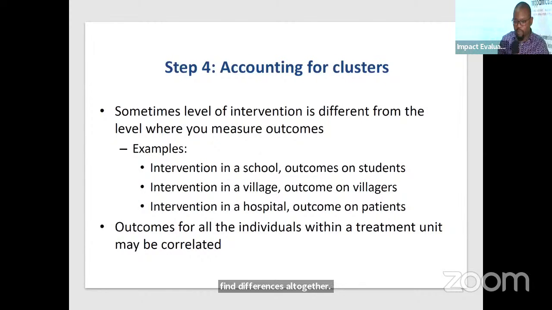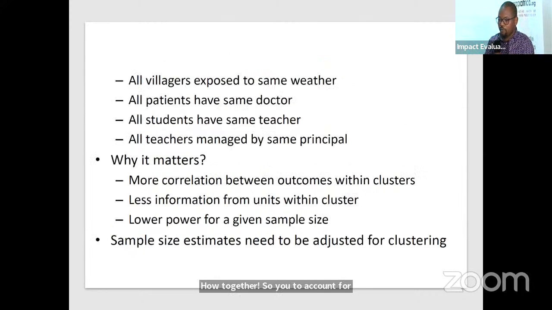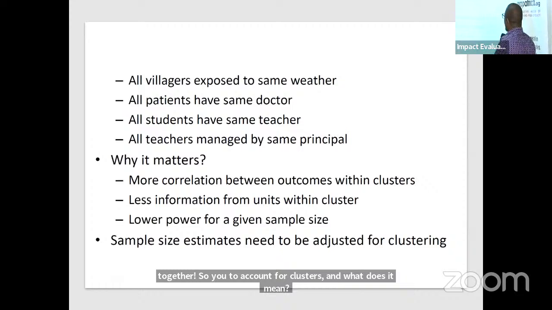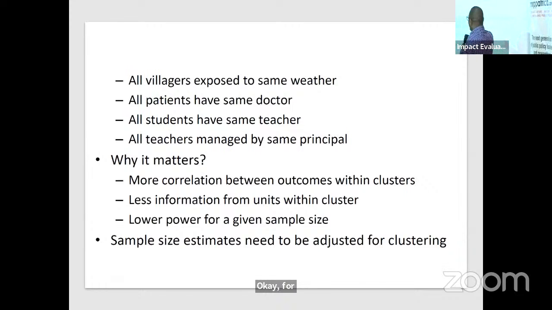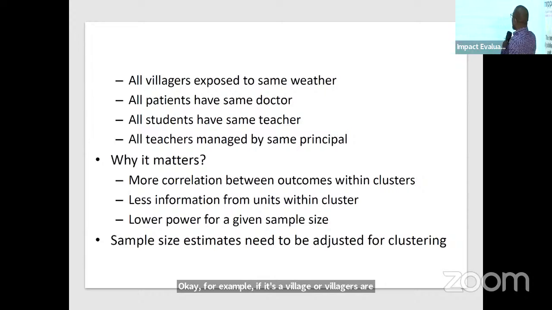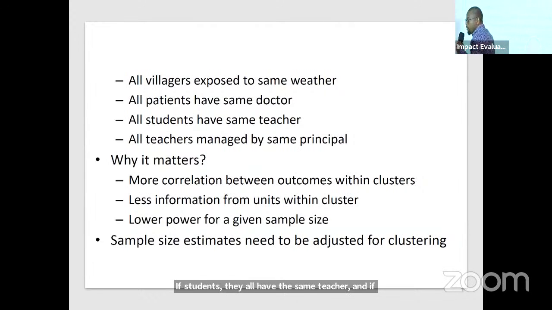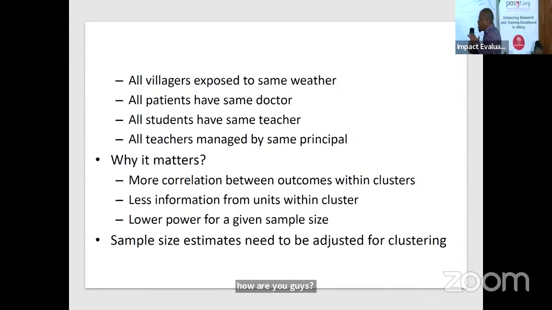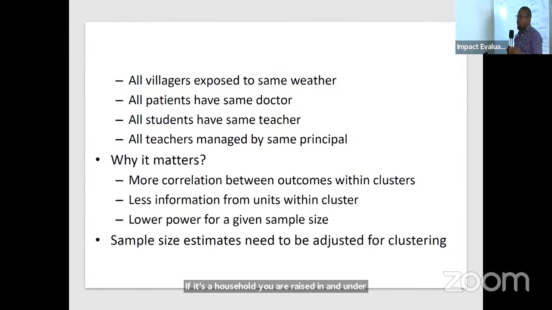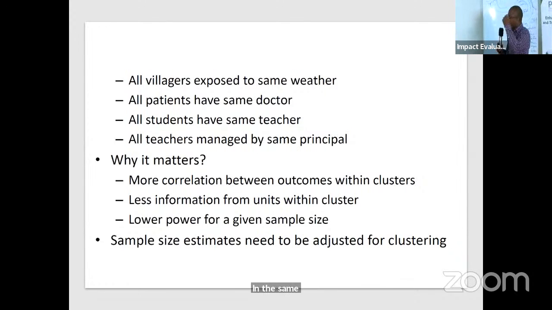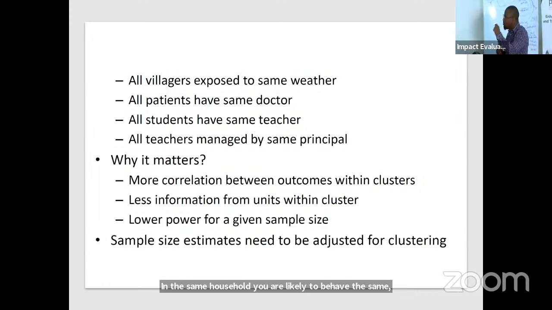And what does it mean? Okay? For example, if it's a village, all villagers are exposed to the same weather. If it's patients, they all have the same doctor. If it's students, they all have the same teacher. And if teachers, they're all managed by the same principal. Are we together? If it's a household, you are raised under the same roof, you are likely to behave the same because your dad and your mom, you'll mimic certain behavior.